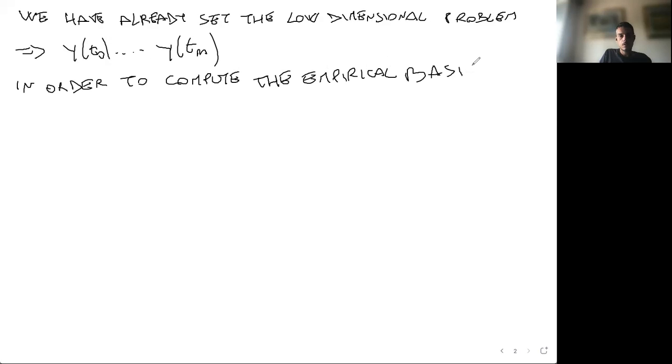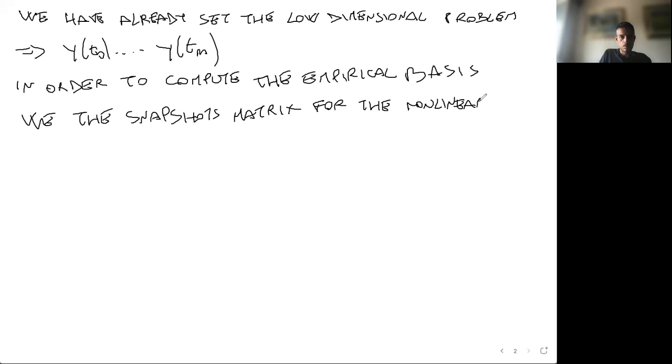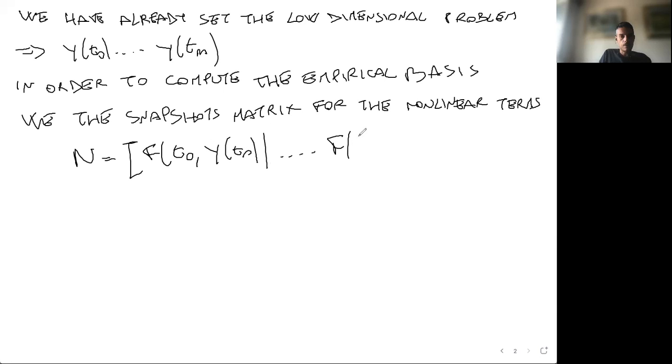For the empirical basis, we set the snapshot matrix for the nonlinear terms, and I would say this is N, so N is going to be the matrix F(t_0, y(t_0)) up to F(t_m, y(t_m)).